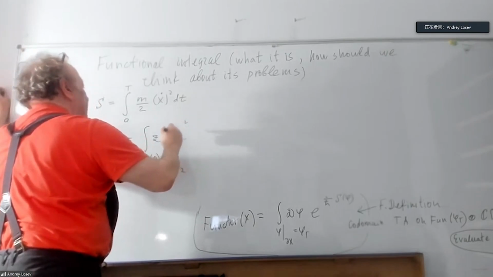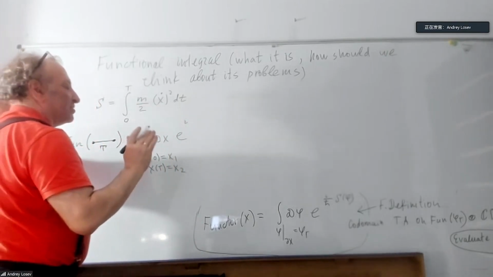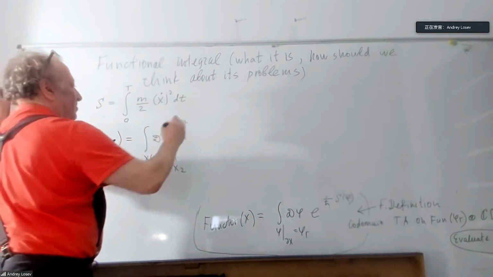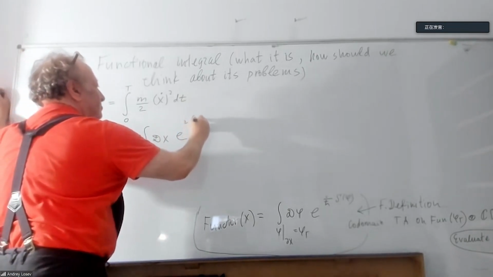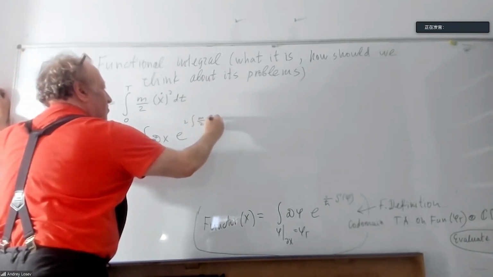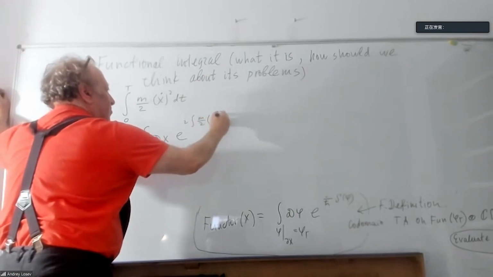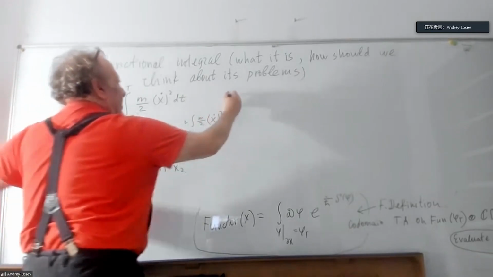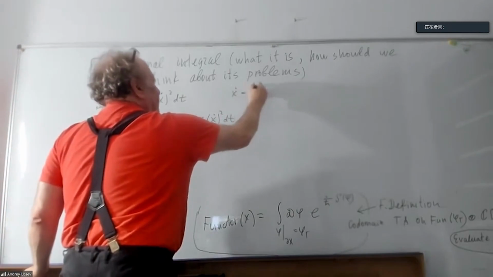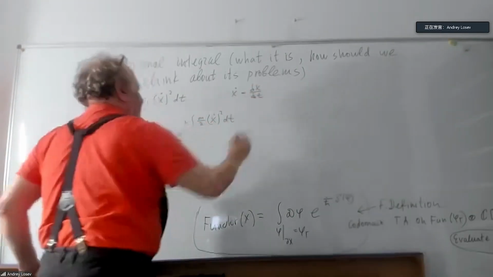Okay, let me put I here. I would like to do it exactly like Feynman did. So, notation: x dot is dx over dt.